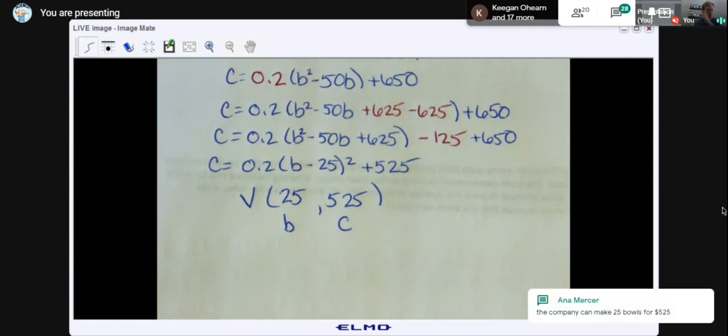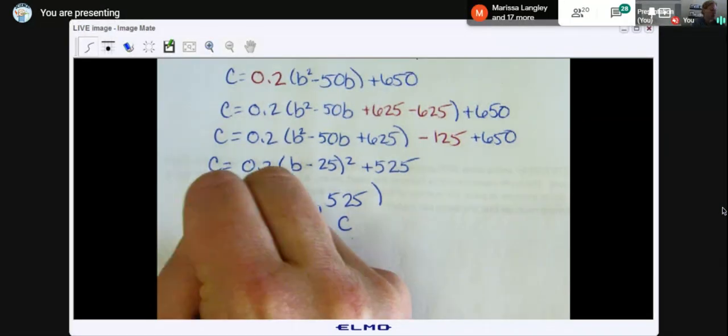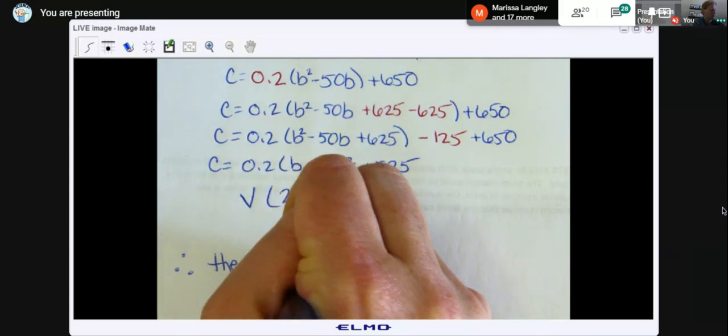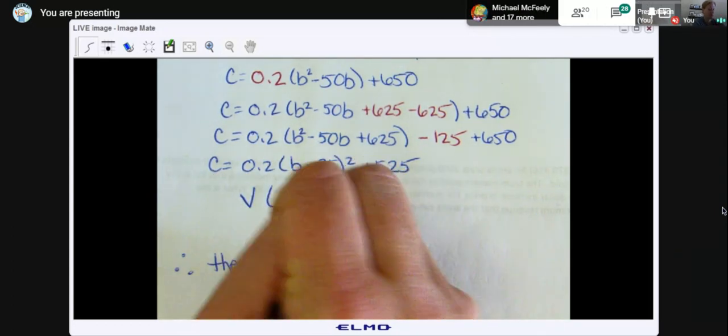Okay, good. So they're making 25 bowls for $525, but we need to emphasize that this is the minimum cost. So I'm going to say, therefore, the minimum production cost is what?